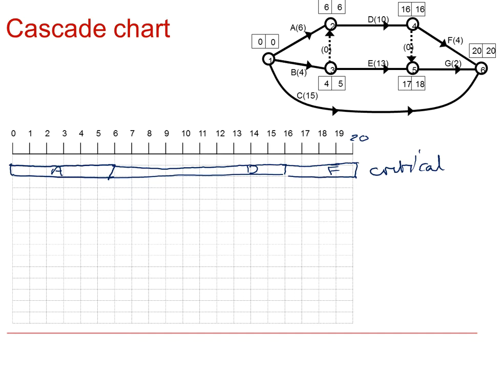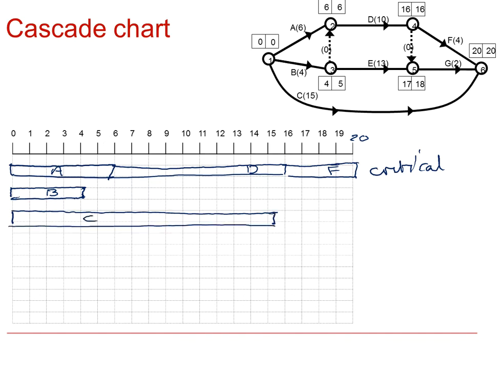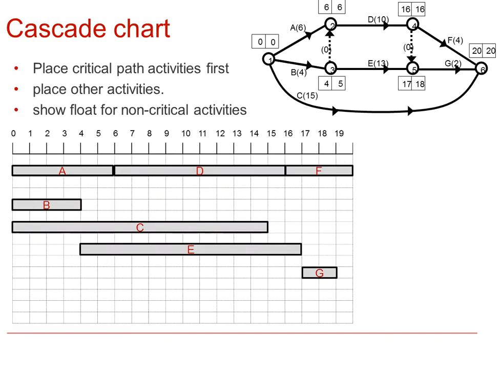I'd probably then leave a row, if you have room, and show B starting at 0 and lasting 4. Then C, again earliest start time 0 and lasting 15, and so on. So here we have placed the critical activities first and placed the other activities.